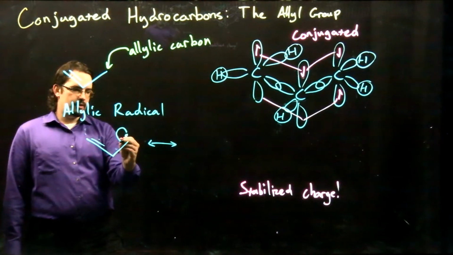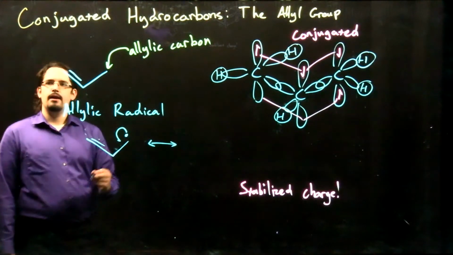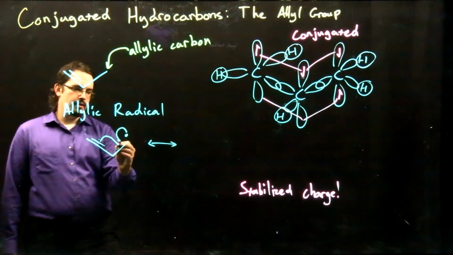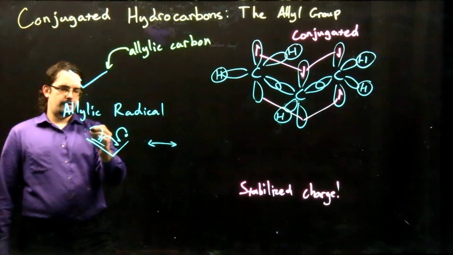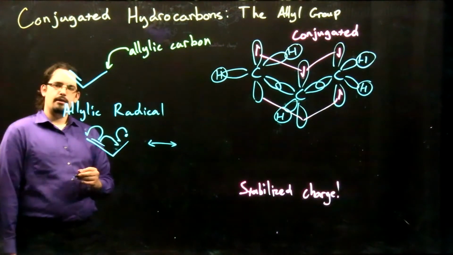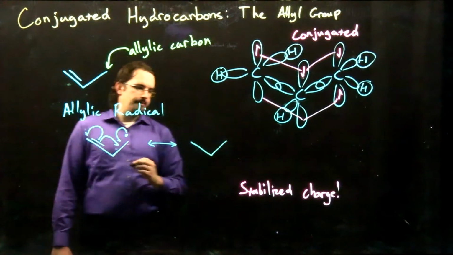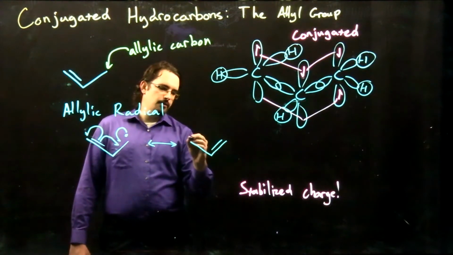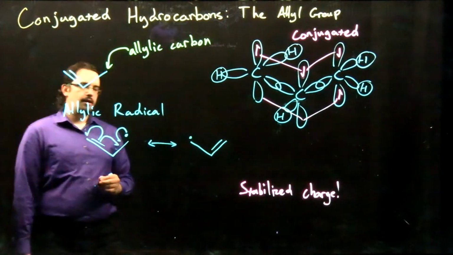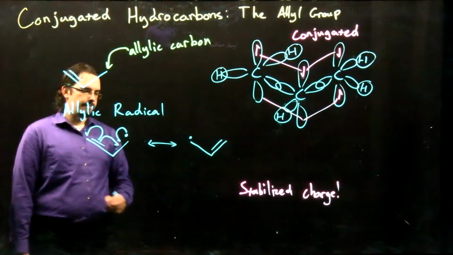Again, if I want to move my free radical around, so I bring my electron down here, I need a second electron in here in order to form my double bond. The other electron from this bond can go over to my other carbon on the left. And just like my positive charge or my negative charge, I can move my free radical electron back and forth between my carbon on the left and my carbon on the right.